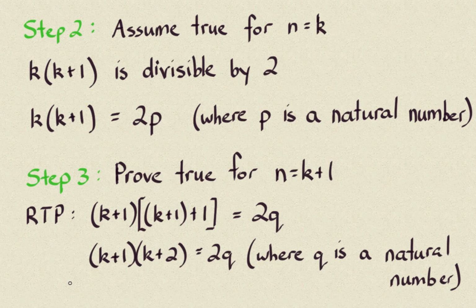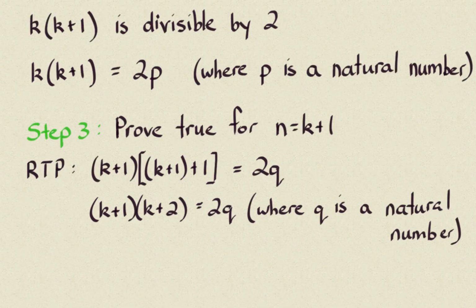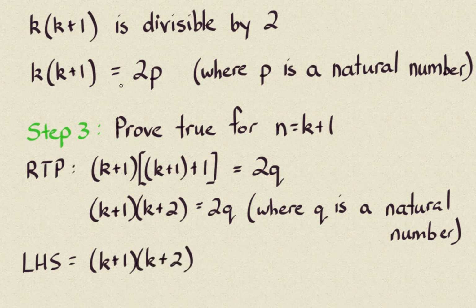Alrighty, so how are we going to do this? Well, let's start with the left-hand side expression, the k plus 1 times k plus 2. And we need to somehow involve our step 2, which had a k times k plus 1.